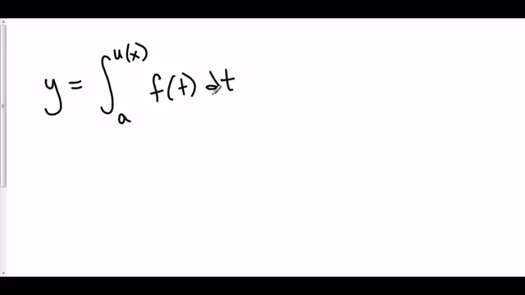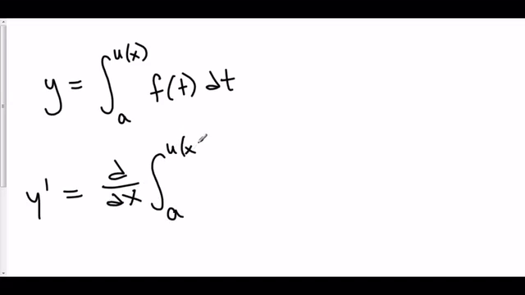Let's see what happens theoretically to the fundamental theorem of calculus part 1 when we throw chain rule into the mix. So consider y is equal to the integral from a to some function u of x, we have seen this before as stuff, of some function f of t dt. Then if we wanted to find the derivative of y, we would have to find the derivative with respect to x of the integral from a to some function of x, aka stuff, of f of t dt.